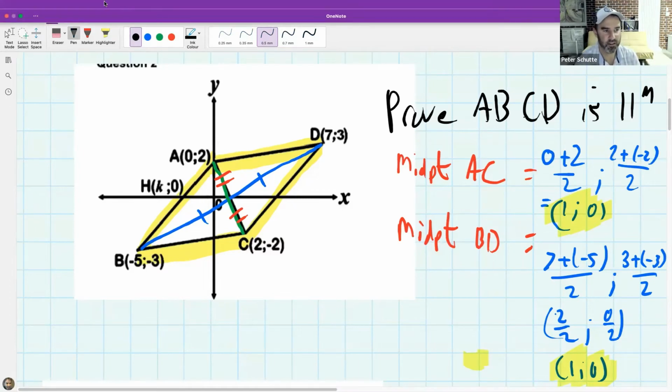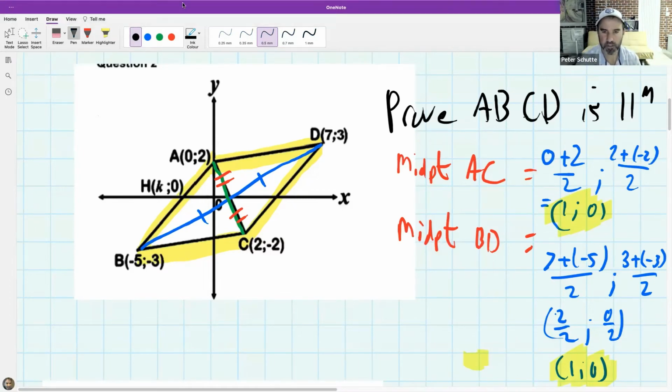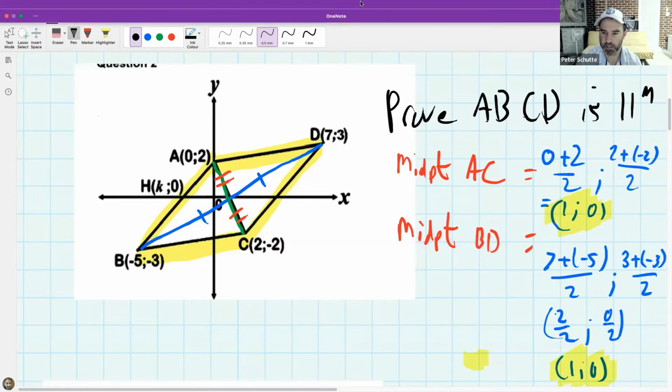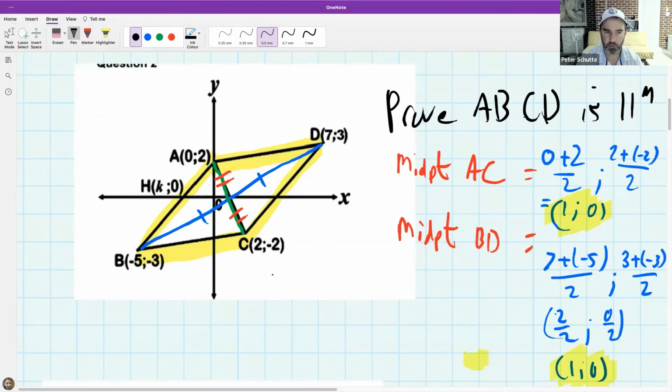So I think that most students seem to be getting the midpoint of 1, 0 for AC, and they also seem to be getting the midpoint of BD as 1, 0. So therefore, ABCD is a parallelogram.